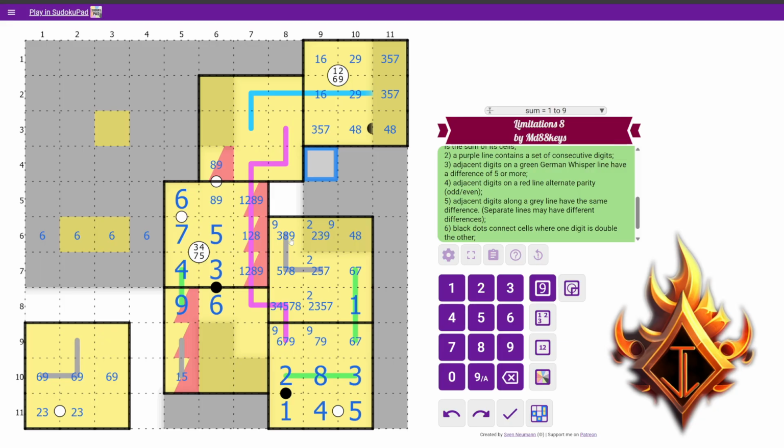Well, then it works. 8, 5, 2, 9, 8, 7, 2, 5, 8, 5, 7, 9, 7, 8, 9, they all work. They all still work there. Okay.